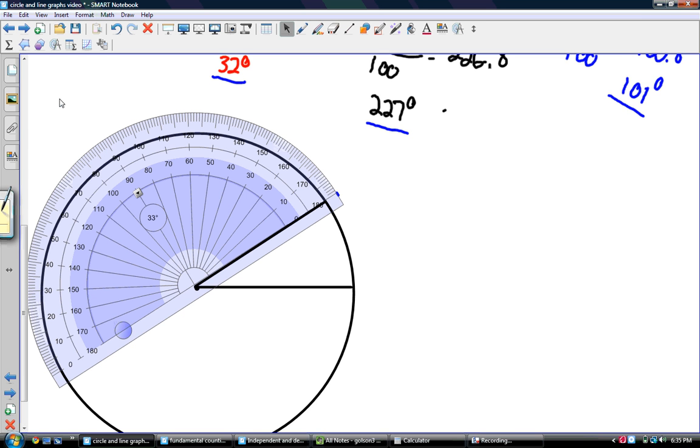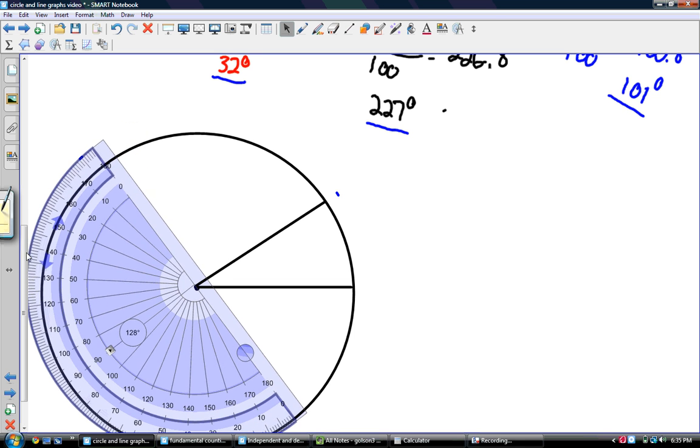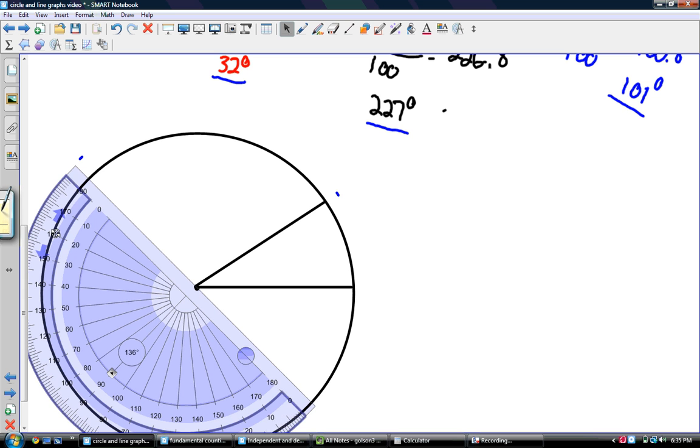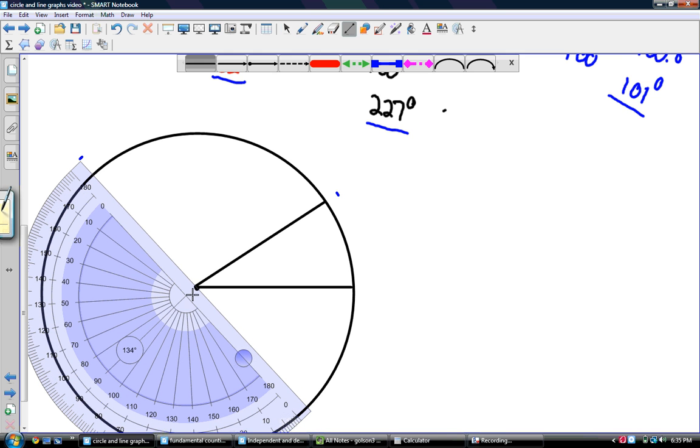And I'm going to go ahead and make my mark there again. So here's 100. Go out one more. Make a little mark. Then I'm just going to turn my protractor. And again, use the bottom of my protractor as my straight edge. And then I can connect these. And that'll be my section that is exactly 101 degrees.